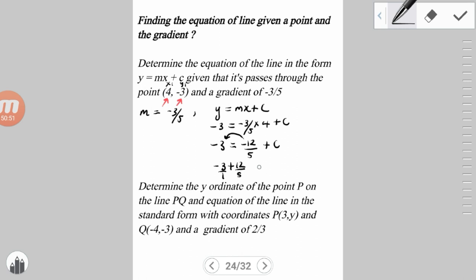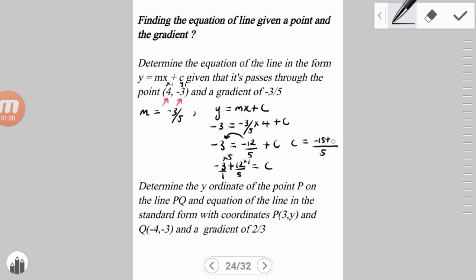And we're going to find the LCM here to find c. So c here is equal to, and the LCM here is, as you can see here, is 5. 1 times 5 is 5. So let's see, 1 into 5 goes 5 times. And 5 into 5 goes 1 time. So negative 3 times 5 is negative 15.